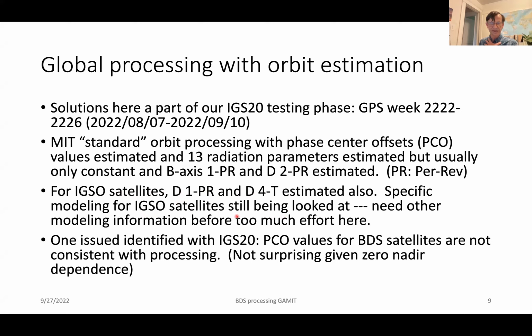And again, we are still looking at precisely how best to do these orbits. And again, the PCOs are an issue where there does seem to be an issue in this processing of the phase center models not being consistent with what our software seems to want.